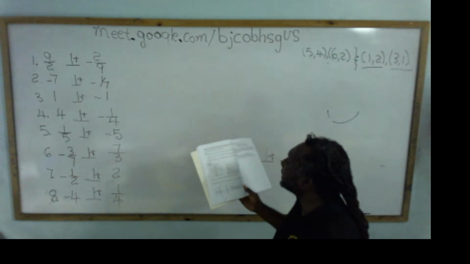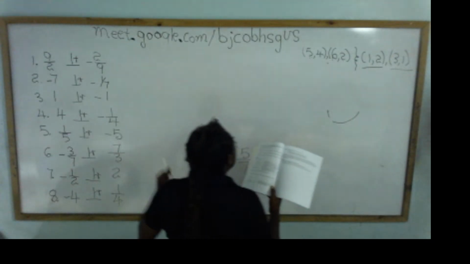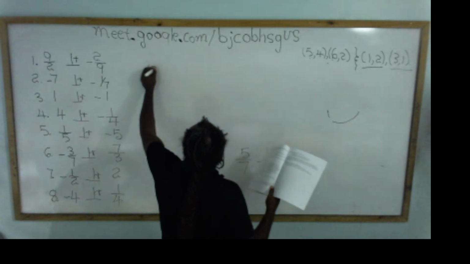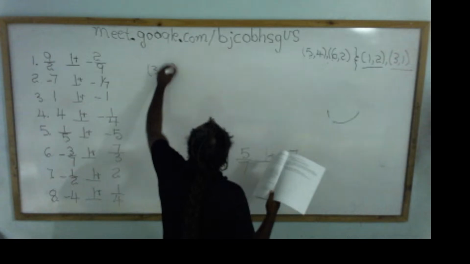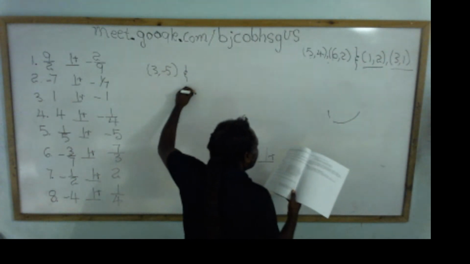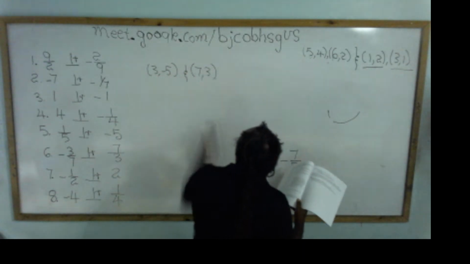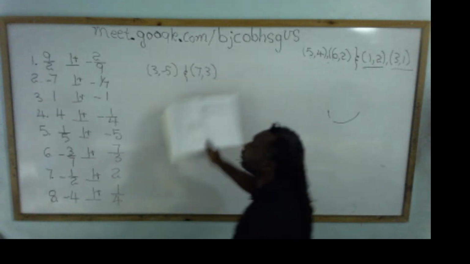So the first part is: given the points 3, -5, and 7, 3, find the equation of the straight line that passes through those 2 points.